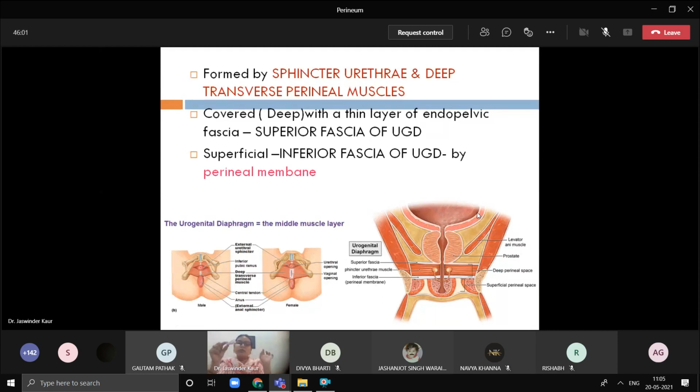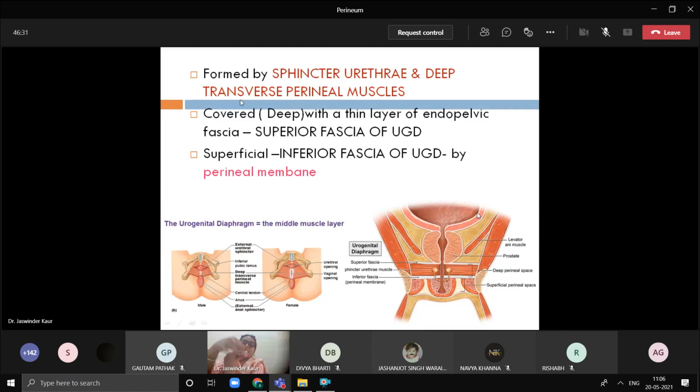Now this is your urogenital diaphragm, right? This central part is the muscular part, and these two are the fascial parts, right? The muscular part is formed by two muscles, the sphincter urethrae and the deep transverse perineal muscles.